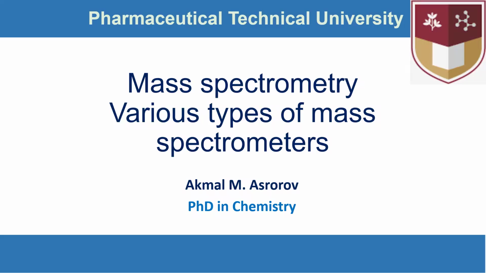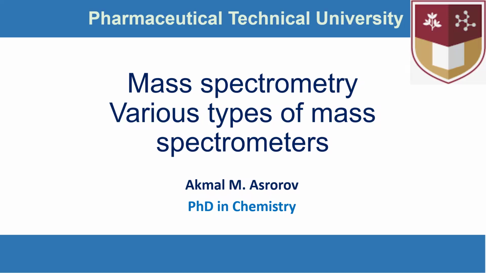Hello, this is our third video lesson on mass spectrometry. In our first video lesson, we talked about mass spectrometry in general and about different ionization methods. In the second video lesson, we talked about mass analysis, about 6 different types of mass analysis.